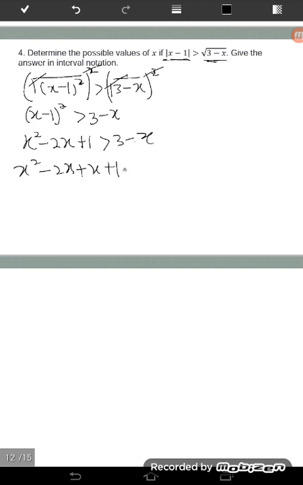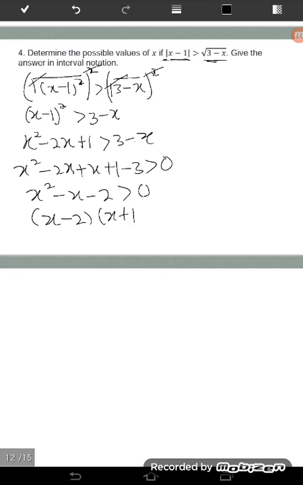Positive 3 bring to the left. We have negative 3 greater than 0. So you have x square negative 2x plus x, negative x plus 1 minus 3 minus 2 greater than 0. And then factorize. So you will have x minus 2 and x plus 1 greater than 0. Okay.